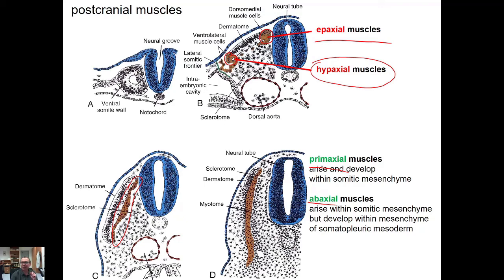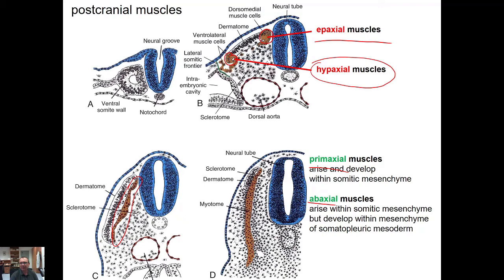Primaxial muscles are developing and also originating within somitic mesenchyme, but abaxial muscles also arise within somitic mesenchyme because there doesn't exist any other possibility, but their myoblasts migrate to the somatic lateral mesoderm, and these muscles are developing under the influence of the somatopleuric mesoderm, of somatic mesoderm, and so these muscles are a little bit different.